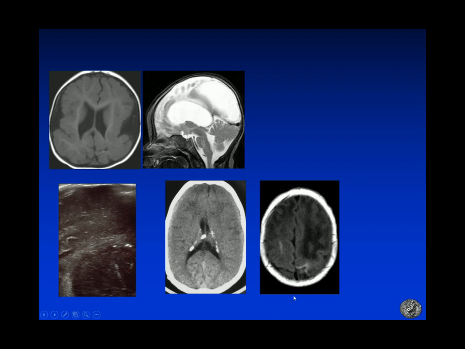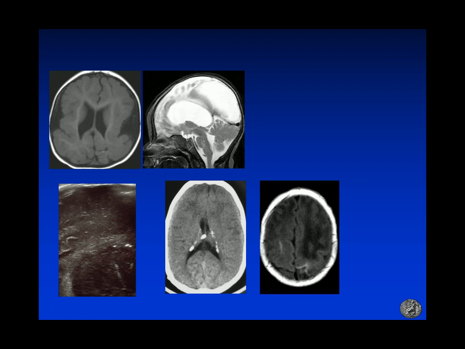And this is another baby, this is a T1 weighted scan, and you see that the cortex is hyperintense, and this hyperintensity is due to calcification. Again, the paradoxically high signal intensity of calcifications.